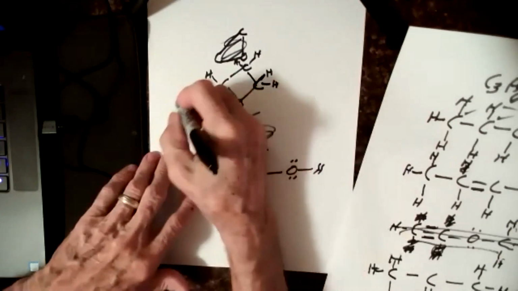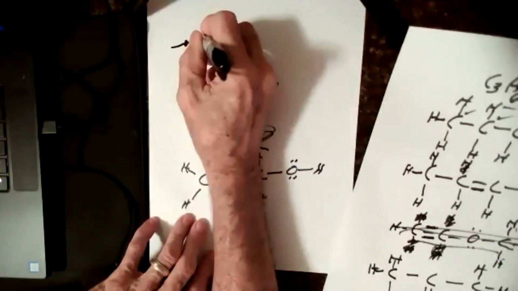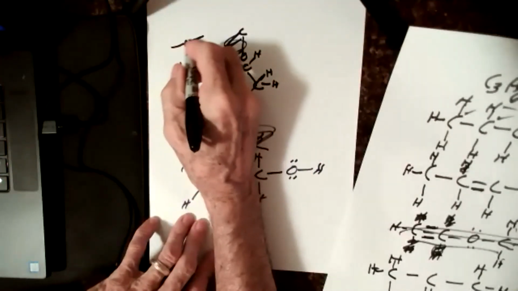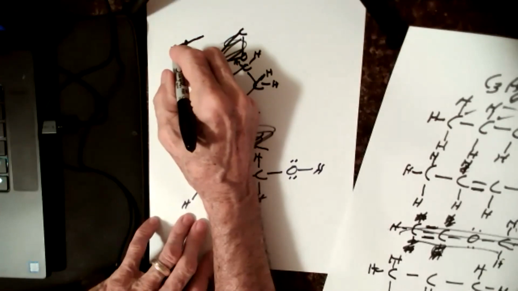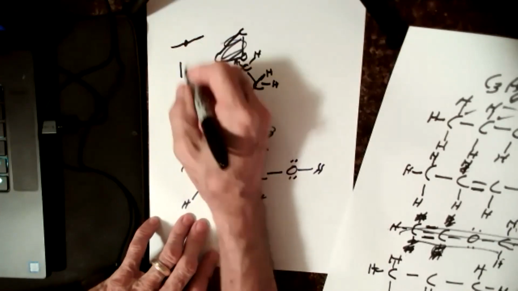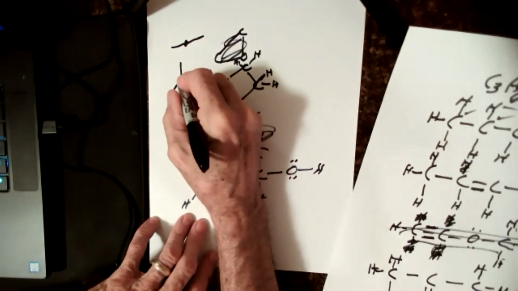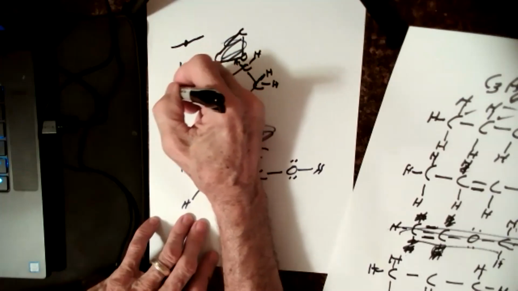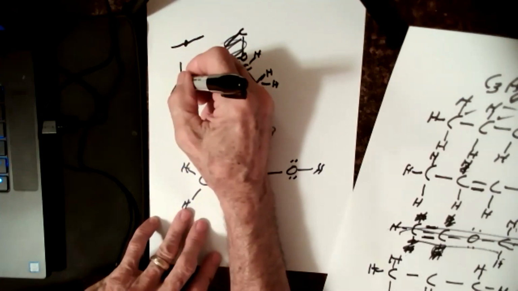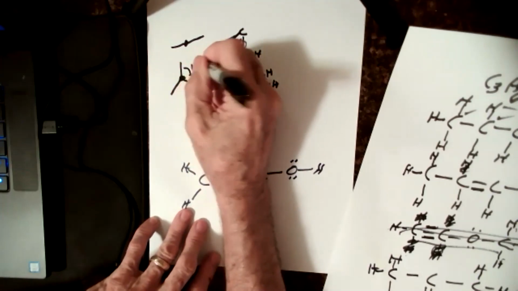When I've got 2 things attached to something, it's going to be in a straight line, because that will be the minimum repulsion between the bonded pair of electrons here and the other bonded pair here. If I've got 3 things attached to my central atom, then that's going to give me a trigonal planar structure like this, and the bond angles are going to be 120.